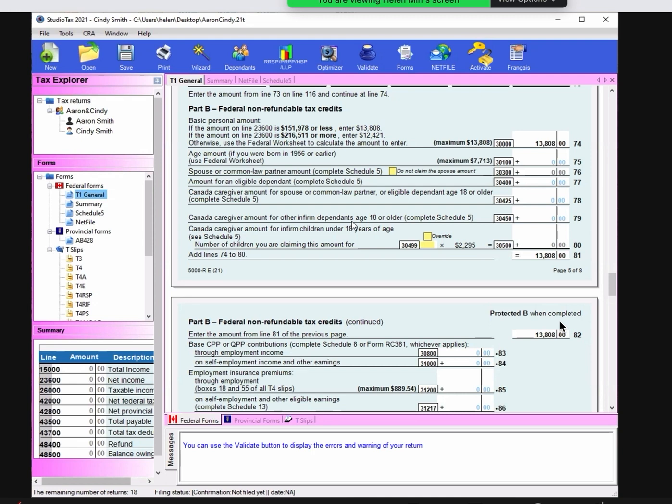So I cannot say my mom does not claim, then I claim. No. If my mother claims my father as a spouse, then I cannot claim, because even though he lives with me and is infirm, he is claimed by somebody, so I cannot claim.